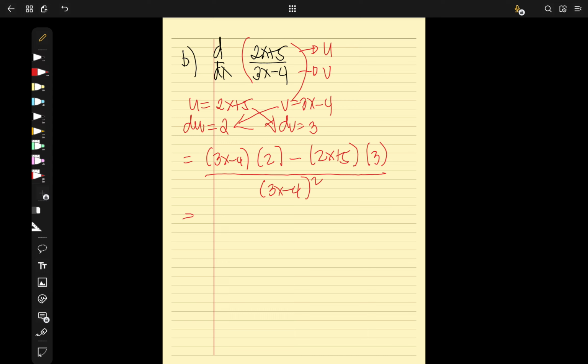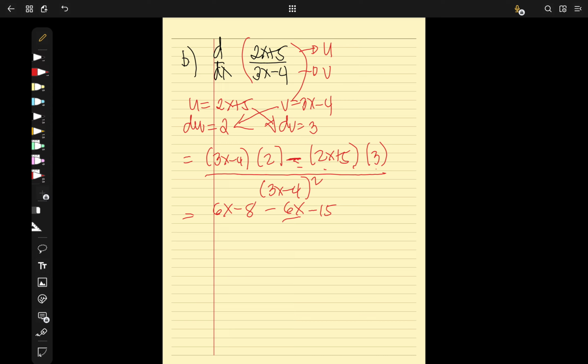Simplify natin to. Distribute. 6x minus 8. Then, negative 6x minus 15. Take note, negative yung pinamimigay natin na baka may magkakamali dito. So, negative 2x times 3, negative 6x, negative 5, negative ng positive 5 is negative 5 times 3 is negative 15.